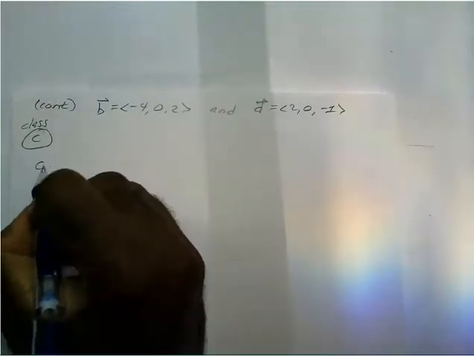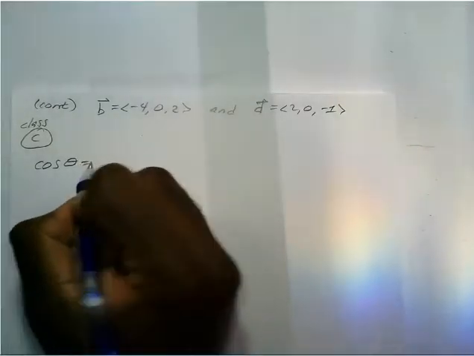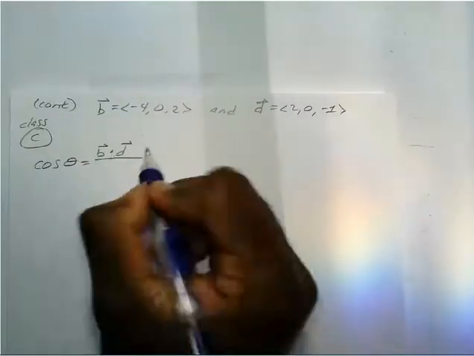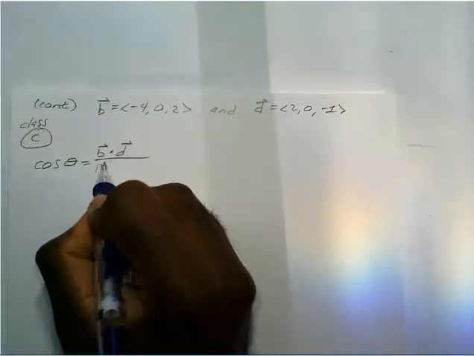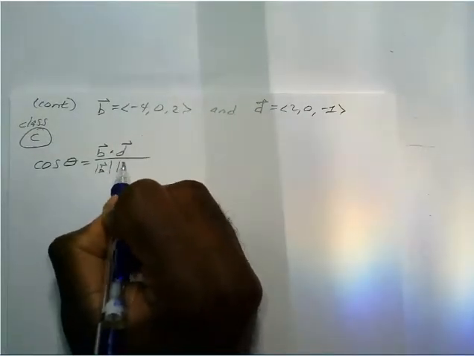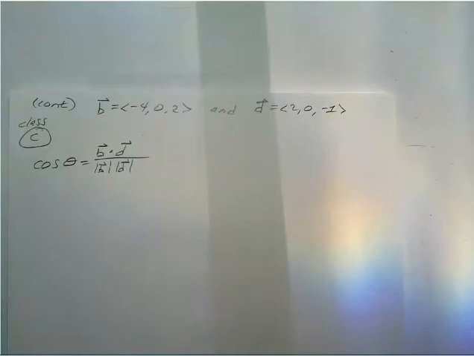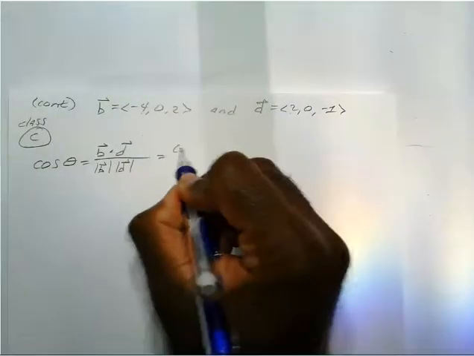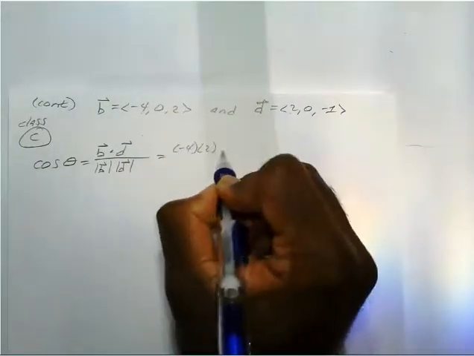All right, so assuming you've pressed pause and you've already worked it out, let's verify your answer. We have cosine of theta equals the dot product of the B and D vectors all over the magnitude of B times the magnitude of D. So that's going to equal, multiply the first component: -4 times 2.